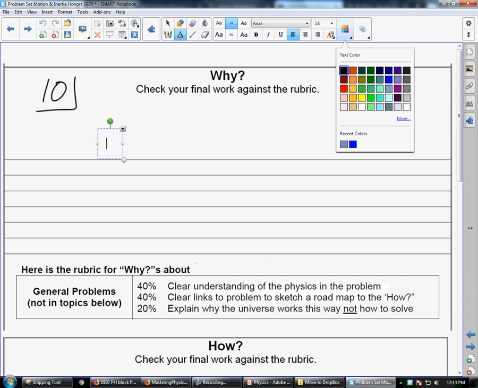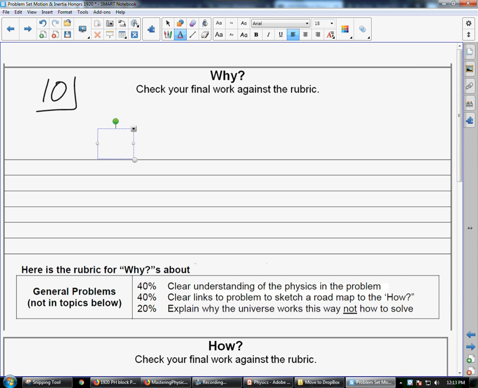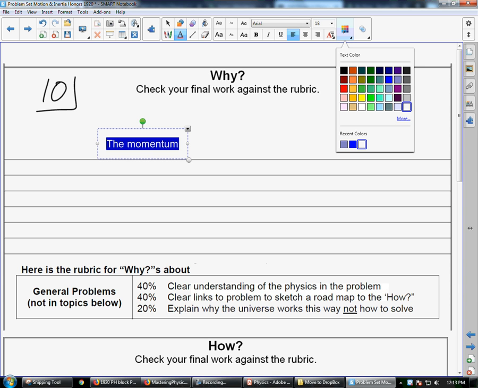White. Sure, I'll do it in white. I wish I could do a background color. I like purple. We'll do purple. How about that?